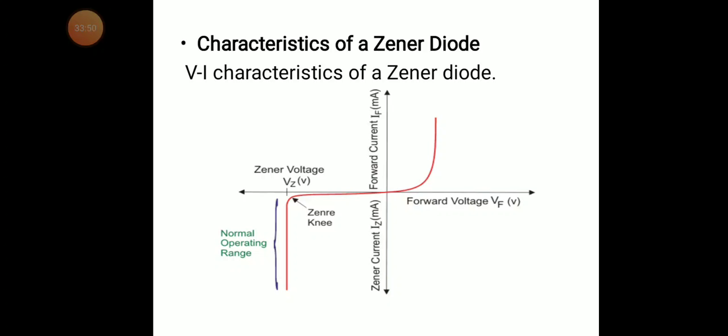That gives the Zener knee, called the Zener voltage or knee voltage. After that voltage, whatever reverse voltage you give is converted into the current. Why? Because it goes into the conduction mode.